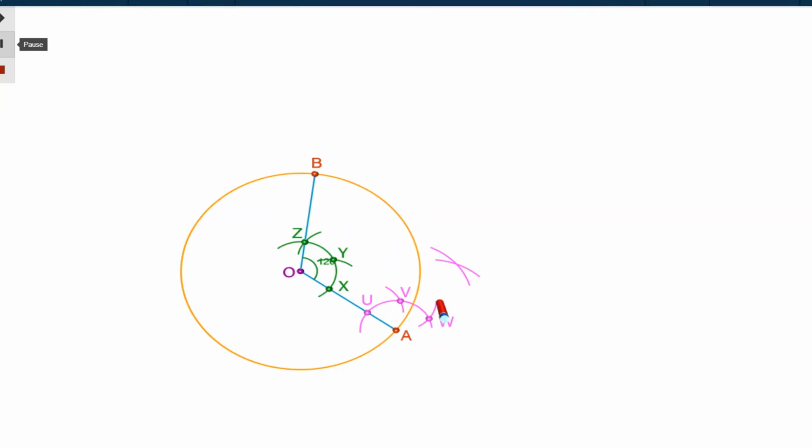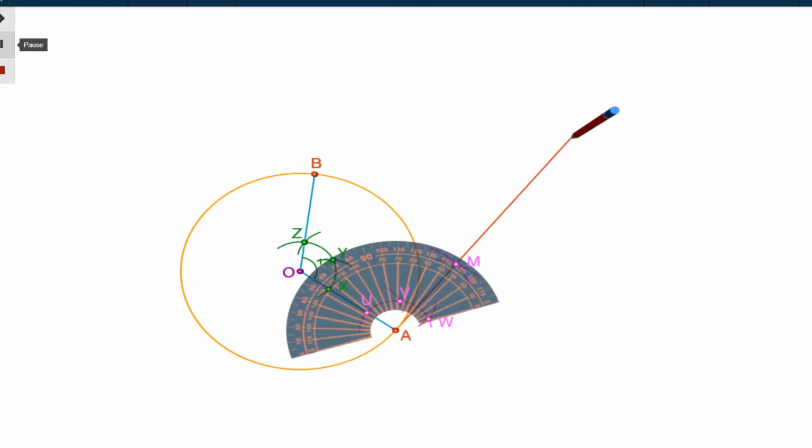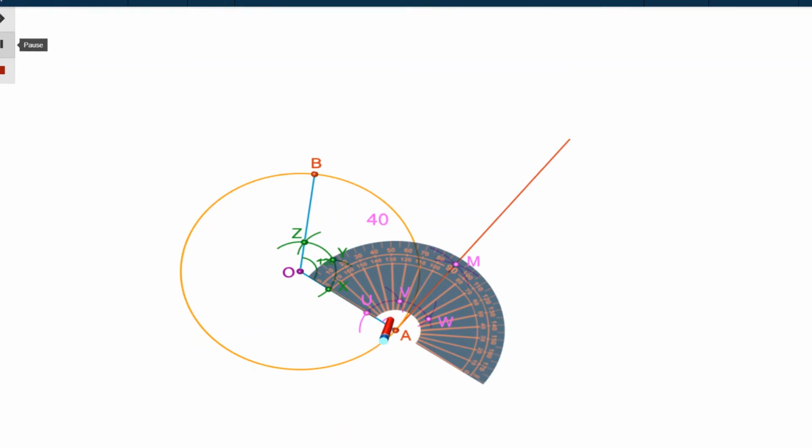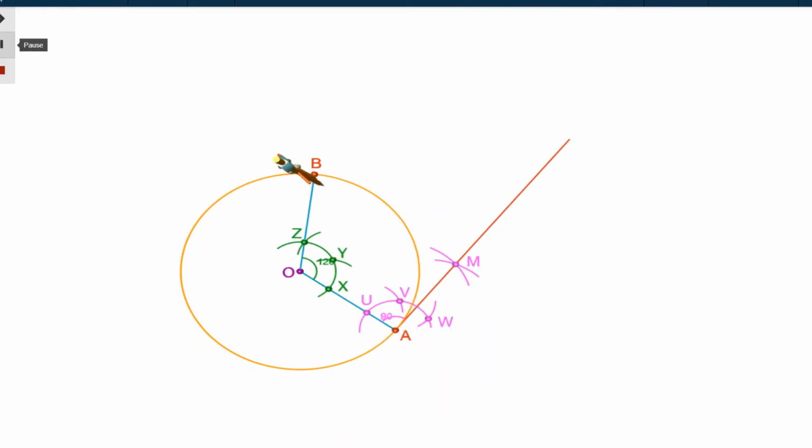Here we can change the radius. Both arcs cross at M. Now join AM. So OAM is 90 degrees, and this line AM is the tangent line.